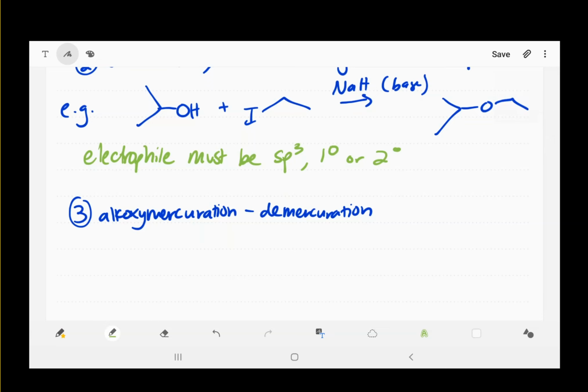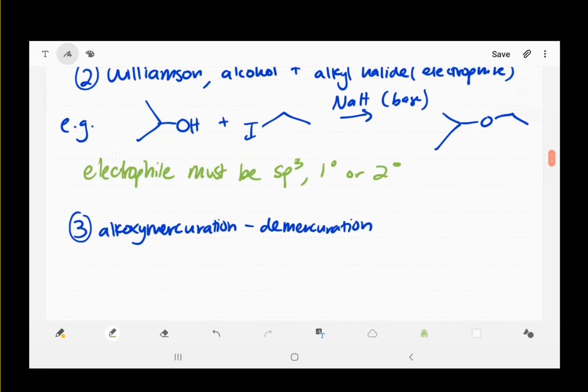So the alkyl halide in this case. Your alcohol does not matter as much. You can have tert-butyl alcohol, you can have phenol, or whatever, but your electrophile has to be either primary or secondary. Because it is SN2, you're not going to get anything happening if you have a tertiary one or an sp2 hybridized one.